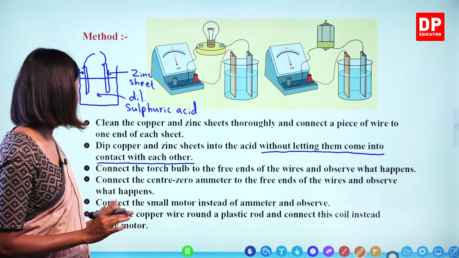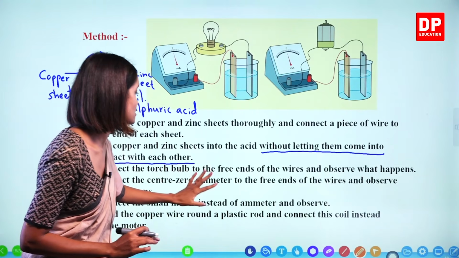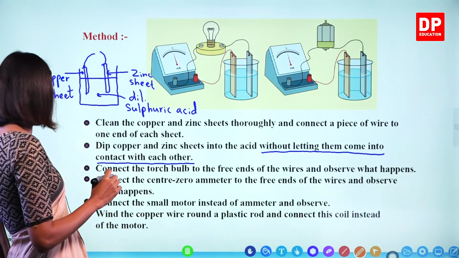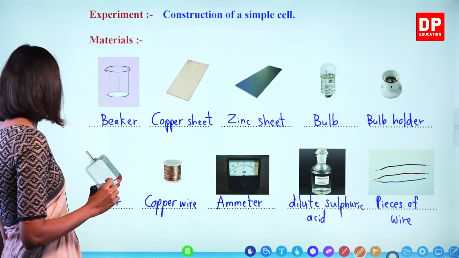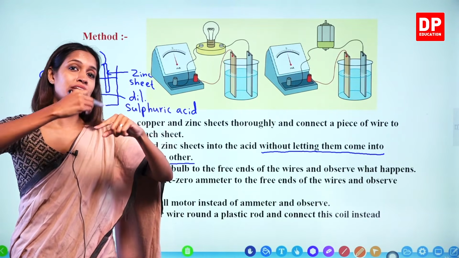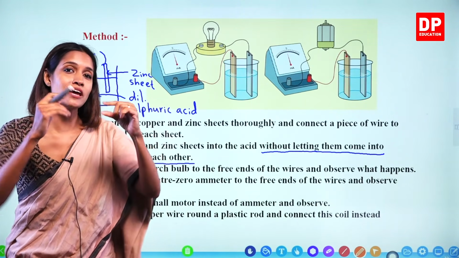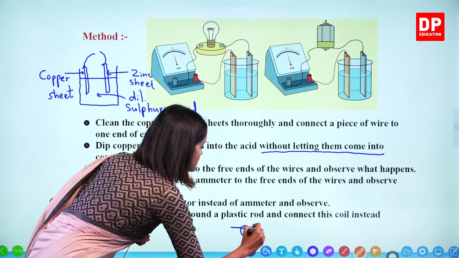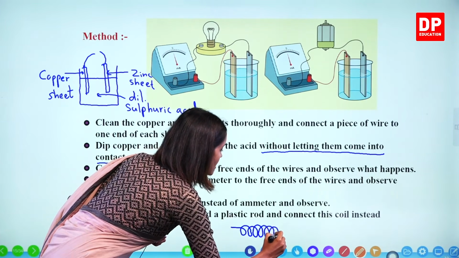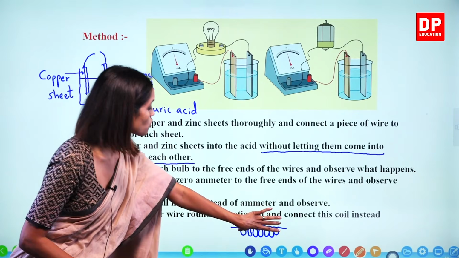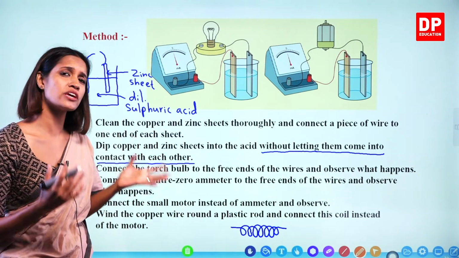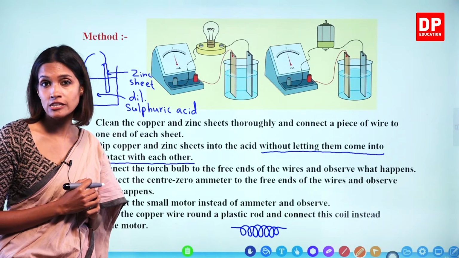Understand? And wind the copper wire around a plastic rod and connect this coil. You can take this copper wire and wind it around a pen and make a small coil like this. Now you can connect this coil of wire to these two ends of the wires and check what happens after a little while.